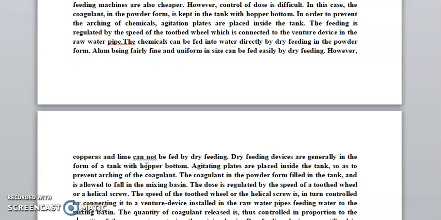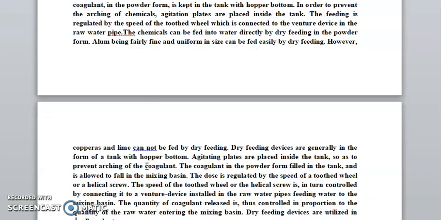A dry feeding device is generally in the form of a tank with a hopper bottom. Agitator plates are placed inside the tank to prevent arching of the coagulant. The coagulant in powder form filled in the tank is allowed to fall into a mixing basin. The dose is regulated by the speed of a toothed wheel or helical screw.